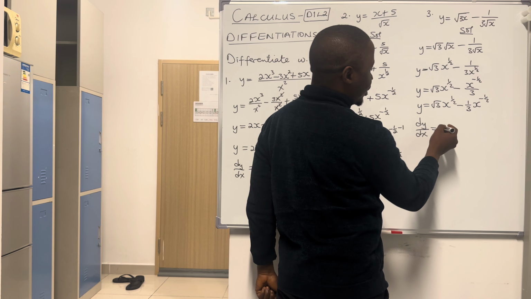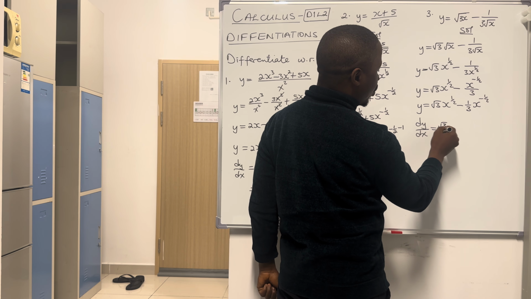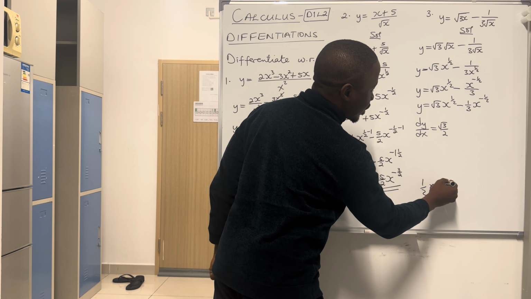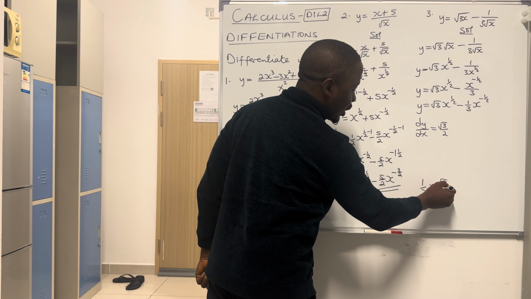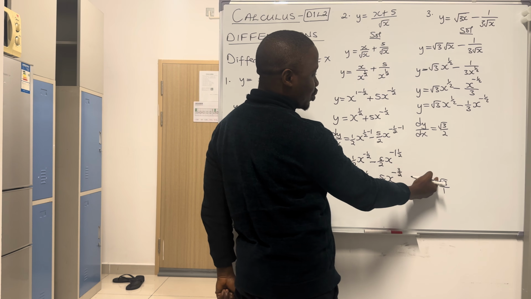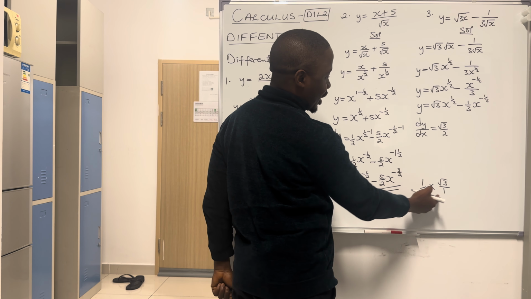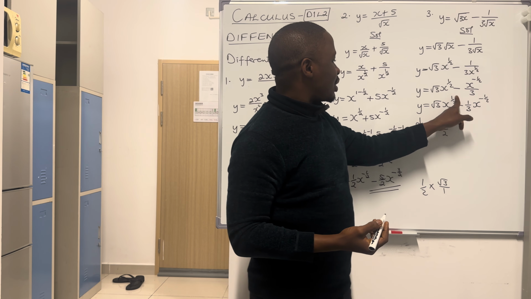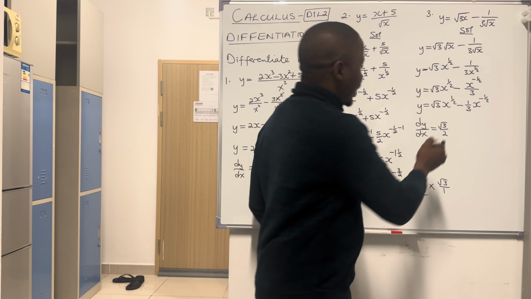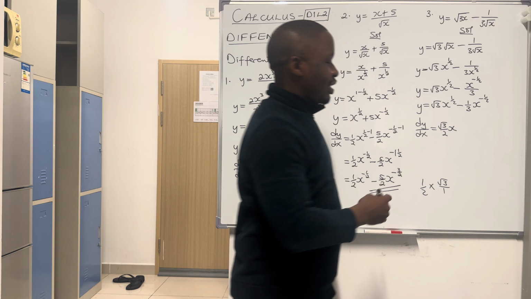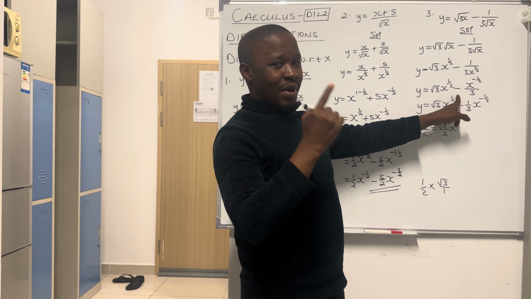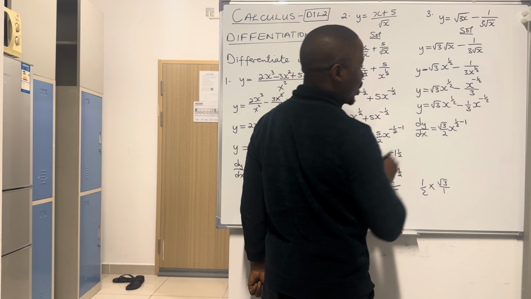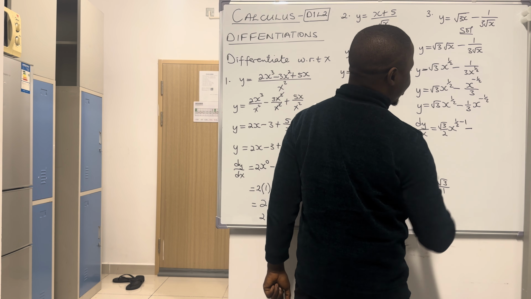So we say root 3 over 2, because half times root 3. Remember, there is 1 here. 1 times root 3 is root 3, 2 times 1 is 2. Then differentiating, the power multiplies the coefficient. Then we have the variable. Then finally, the power minus 1.